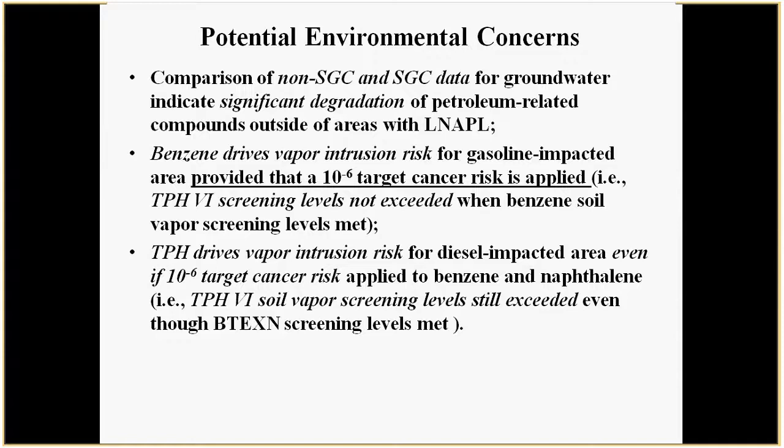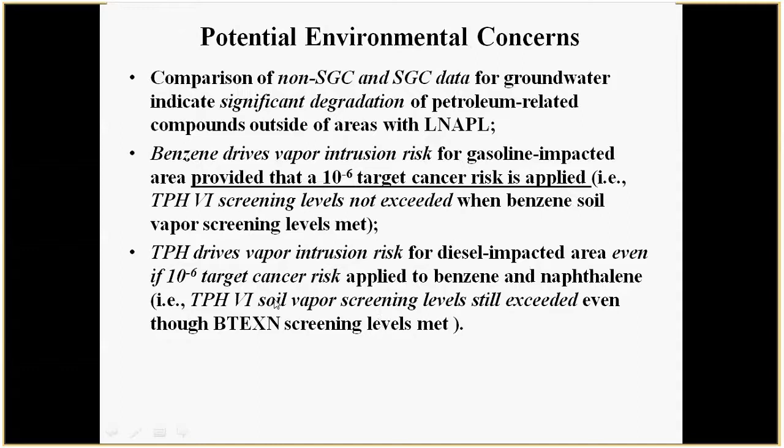Benzene, again, drives vapor intrusion risk for the gasoline impacted site, provided that you use a 10 to the minus 6 target risk for your screening level and cleanup level. So that means that the TPH vapor intrusion screening levels won't be exceeded when benzene soil vapor screening levels are met. So you clean up the benzene, you clean up the TPH for the gasoline contaminated area. In this case, for the diesel contaminated area, TPH drives vapor intrusion risk, even if a 10 to the minus 6 risk is applied to benzene and naphthalene.